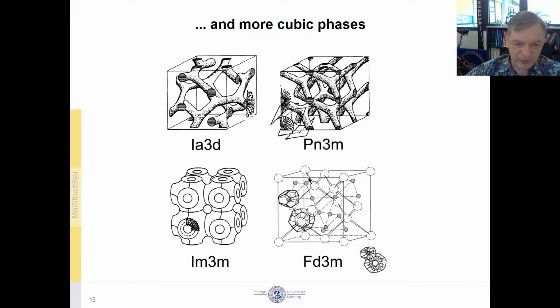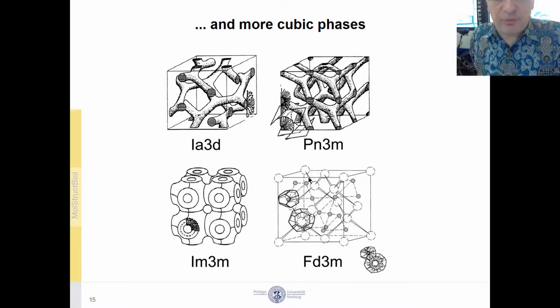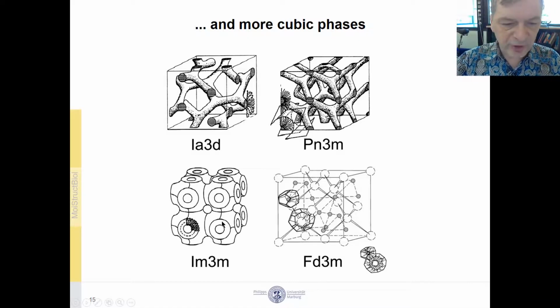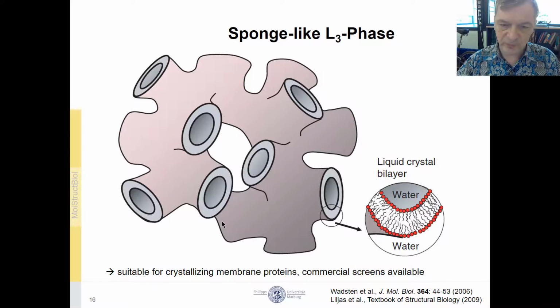You have also some other cubic lipidic phases, which are quite known. The IM3M phase was the one where one was first able to crystallize membrane proteins. This method was introduced in the year 1997 by the group of Ehud Landau at the Biocenter Basel. Now we also have some other lipidic phases which can also be used, depending a bit on the lipid itself.